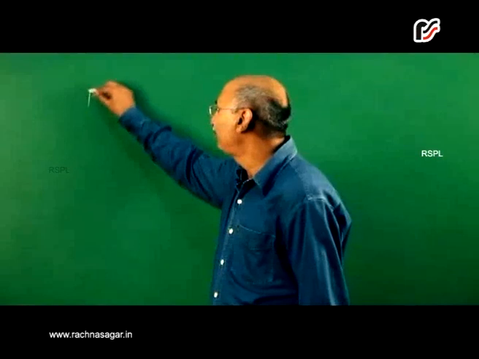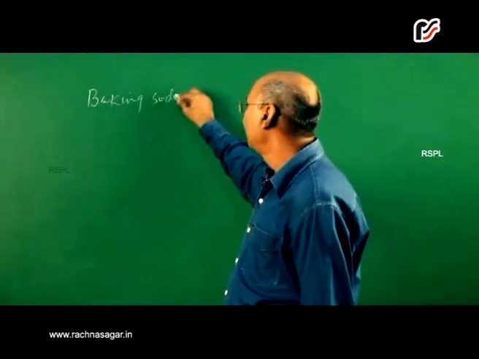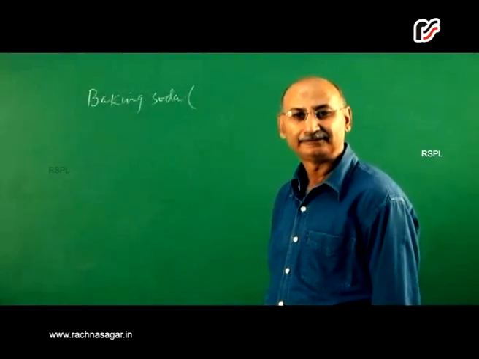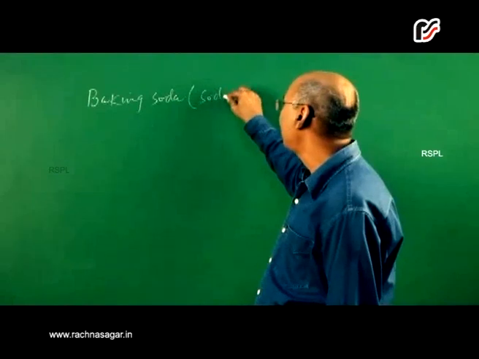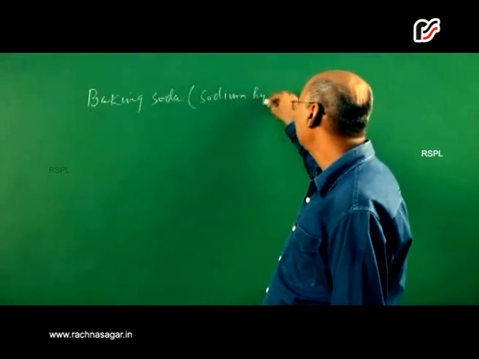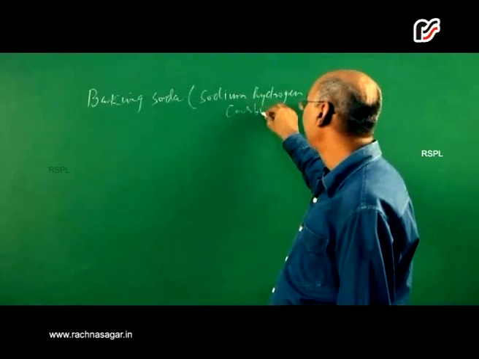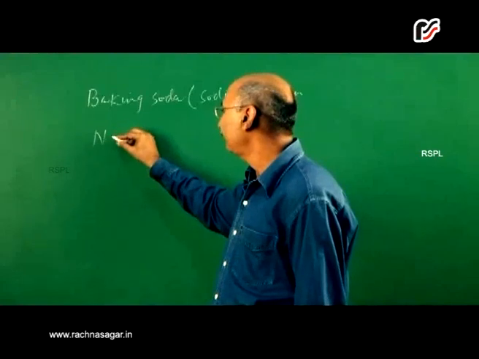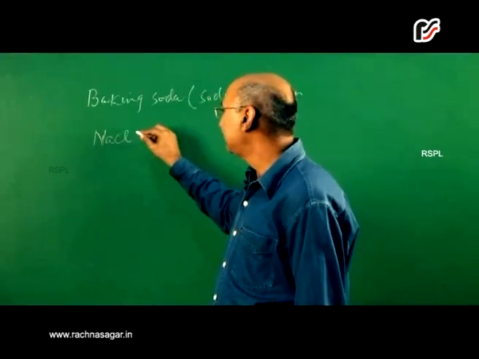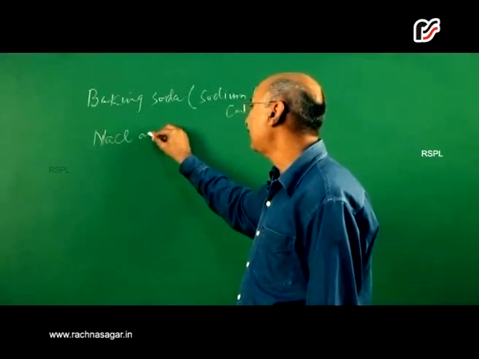Let's take up baking soda. How we can prepare baking soda? By the way, what is the baking soda? Ammonium chloride. No, it is sodium hydrogen carbonate. Baking soda is sodium hydrogen carbonate. Now how do we prepare it? For preparation of baking soda, we take brine solution. Brine solution is sodium chloride solution.